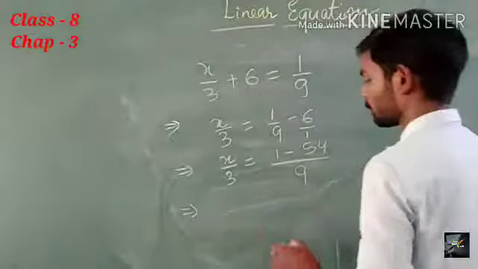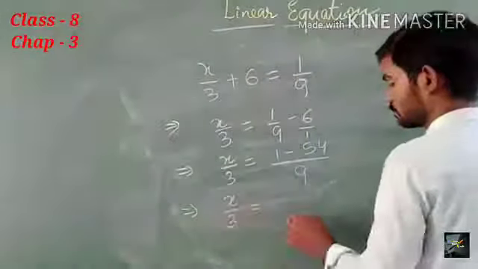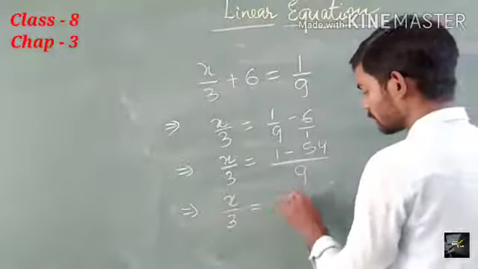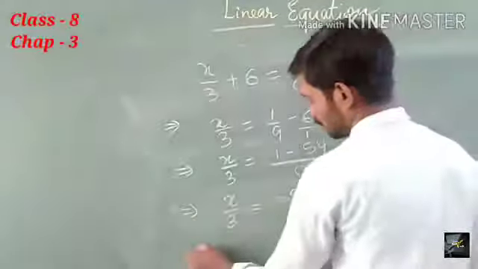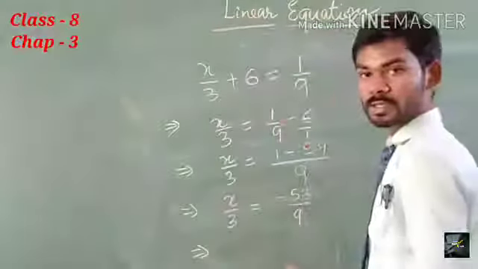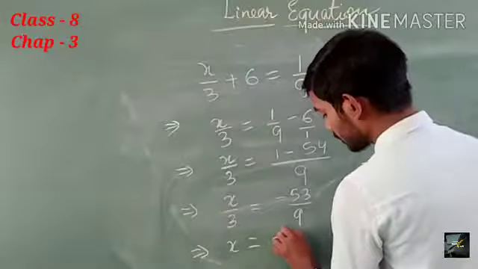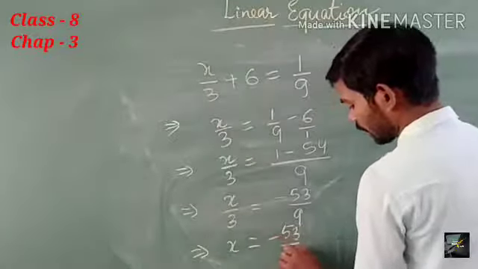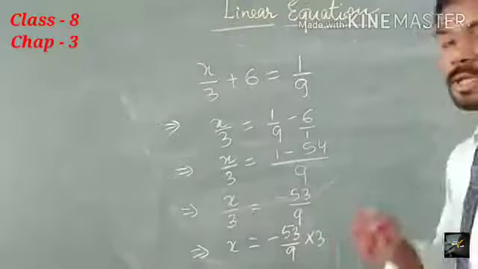Again in the next step we get x upon 3 equal to minus 53 upon 9, and in the next step x is equal to minus 53 upon 9 multiplied by 3.